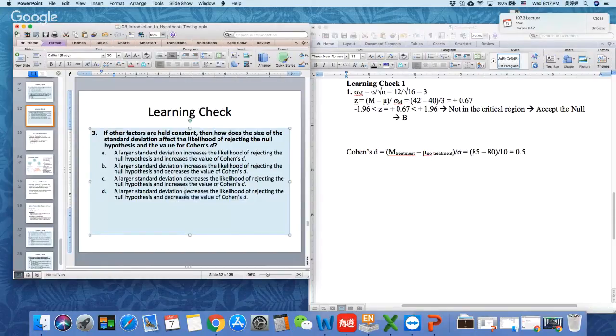So it will decrease both the likelihood to reject the null and the effect size. So the correct answer is D.